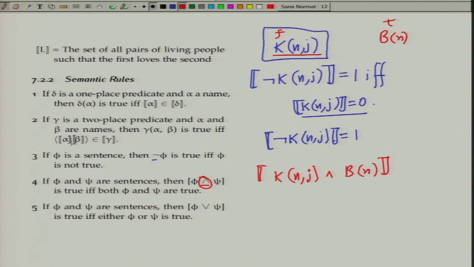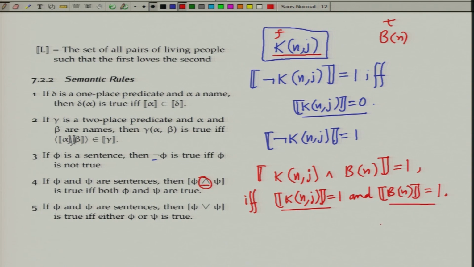According to this rule, the truth value of this is 1 if and only if the truth value of this is 1 and the truth value of this is 1. Both conditions have to be fulfilled because we have an and here.